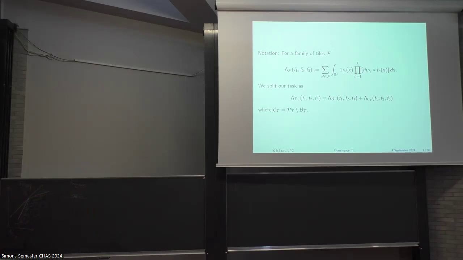Just restricting attention to those is the first form. And then the second form is when we restrict the attention to the tiles whose frequency boxes are here inside the dashed cone.